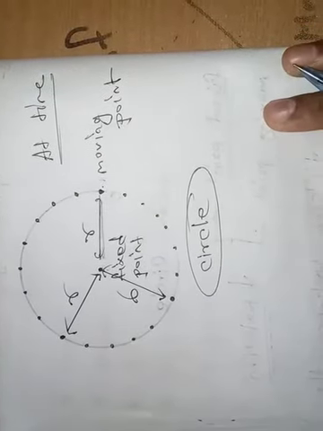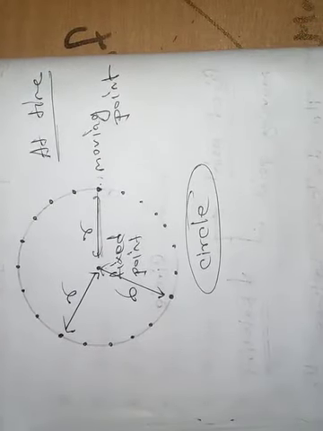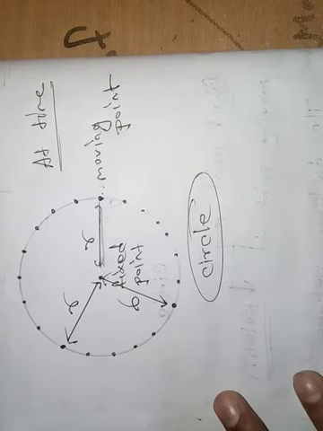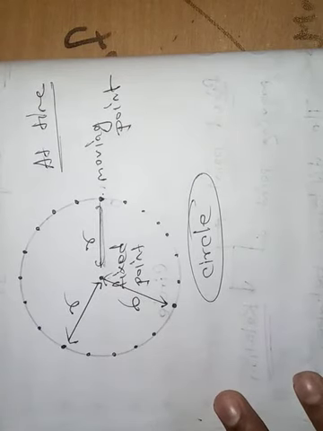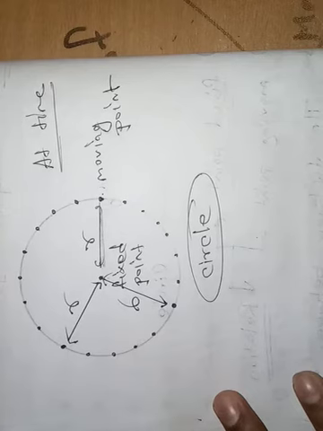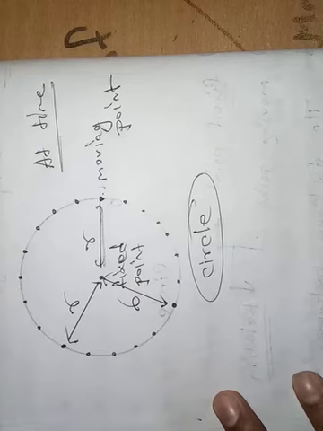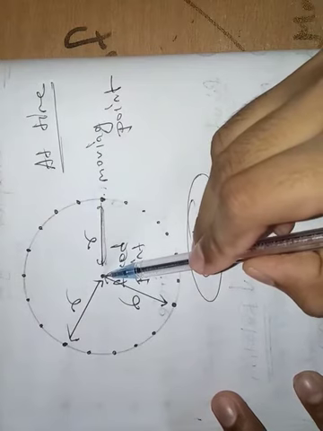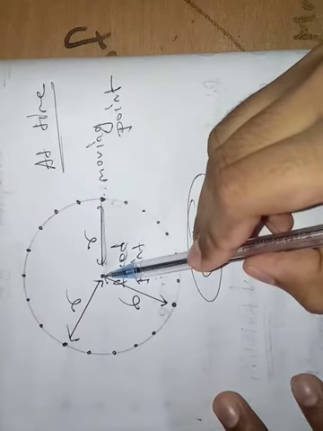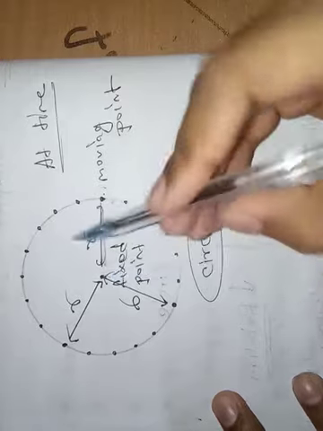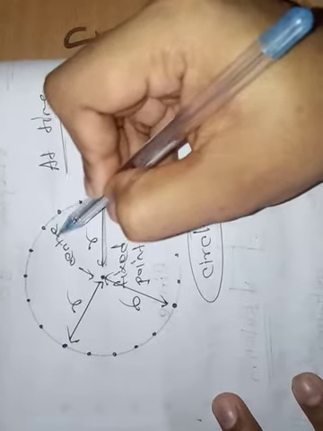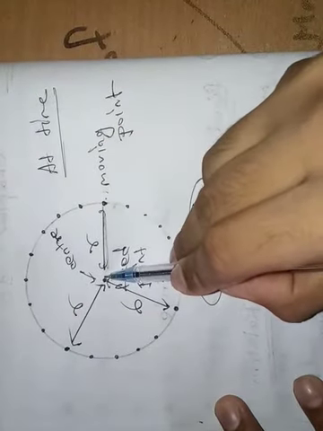First of all, the point that I called the fixed point, we call that fixed point the center of the circle. The point that is fixed is called the center.